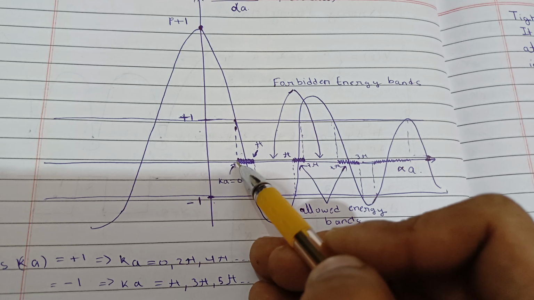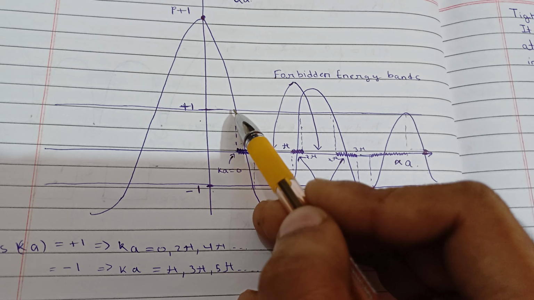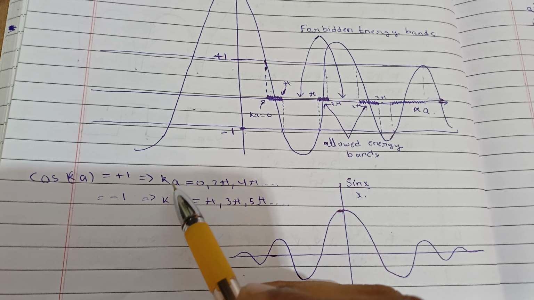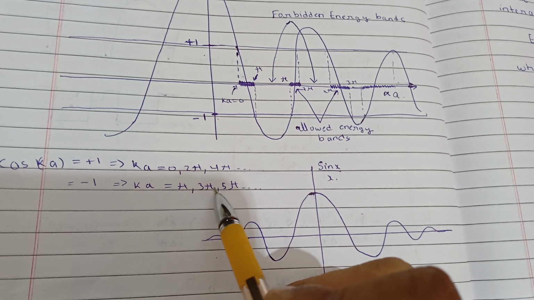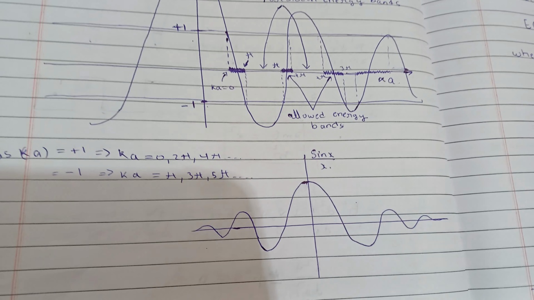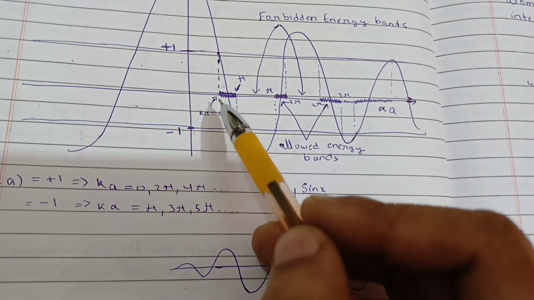So at this point we see that the value of cos Ka is plus 1. So it will be plus 1 only when Ka equal to 0, 2 pi, 4 pi, and it will be minus 1 when it is pi, 3 pi, 5 pi and 7 pi.